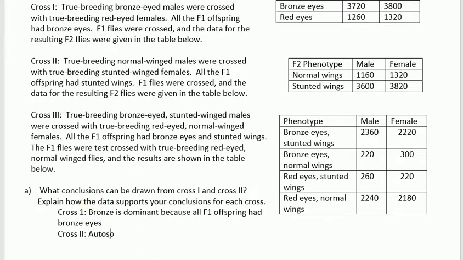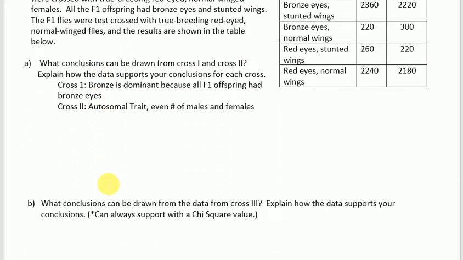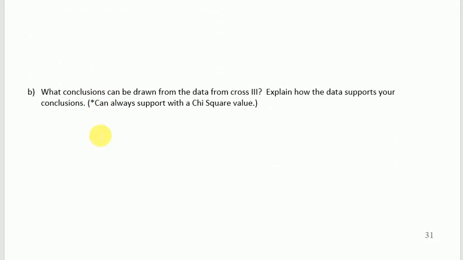So autosomal trait: even number of males and females. Okay, so B. What conclusions can be drawn from the data from cross 3, and explain how the data supports your conclusions? Remember that you can always support with a chi-square value if you need to.